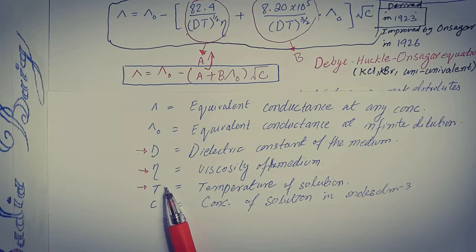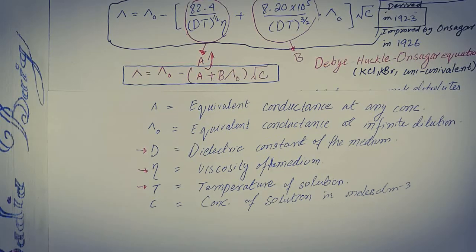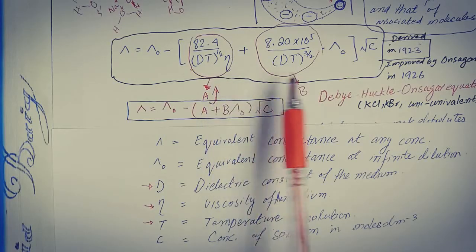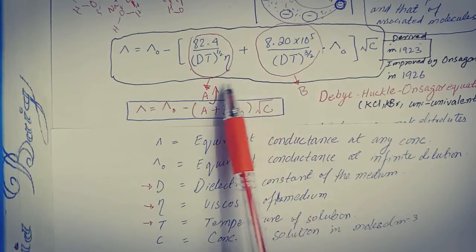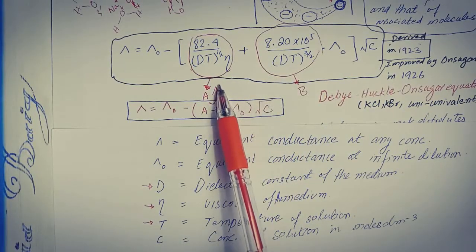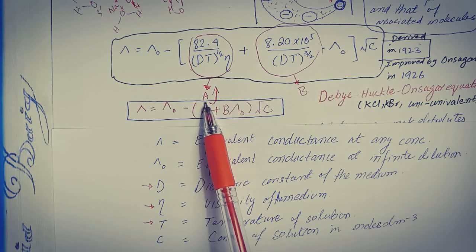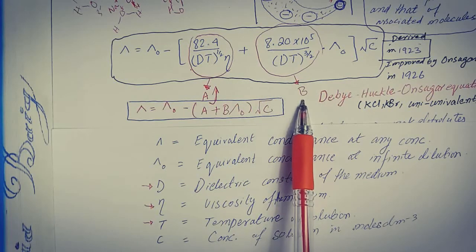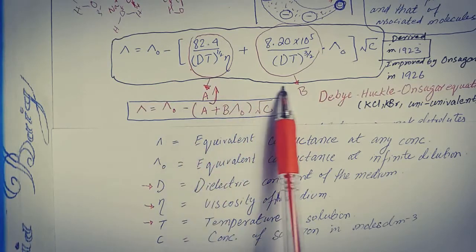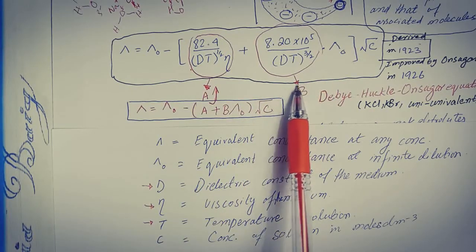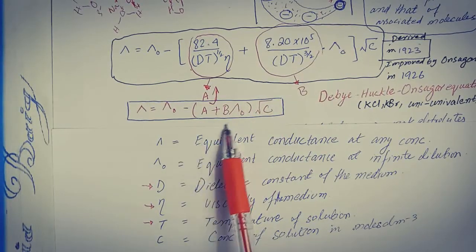For this reason, we can put the encircled parameters as constant values. So this encircled value is a constant A, and this one is a constant B. The Debye-Huckel-Onsager equation has been simplified through this equation.